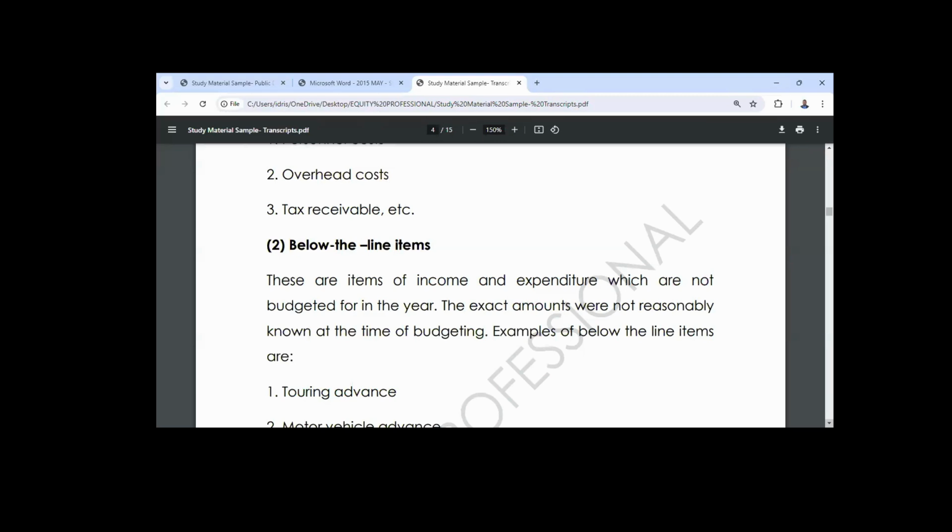What we mean by that is those items of income and expenditure in which the exact amount is not known at the time of budget preparation. Below the line items are items of income and expenditure in which the exact amount is not known at the time of what? Budget preparation.